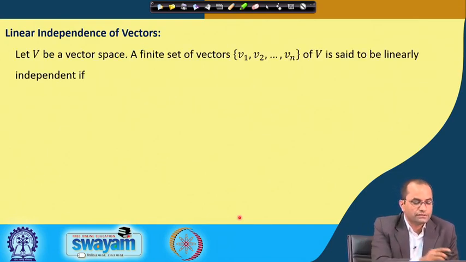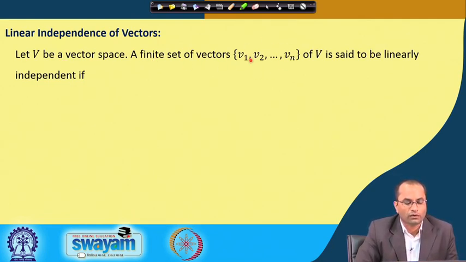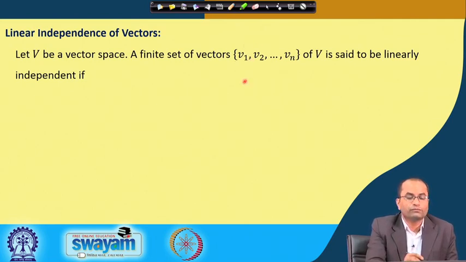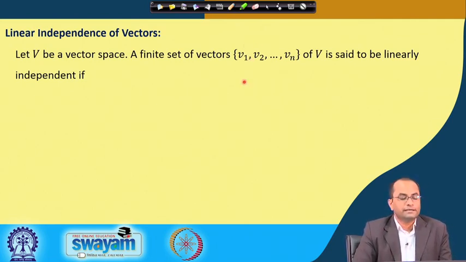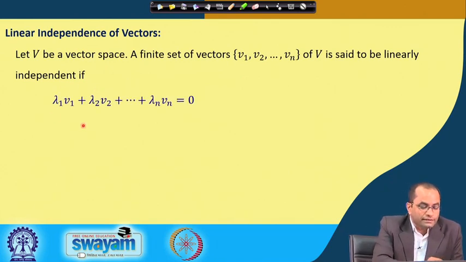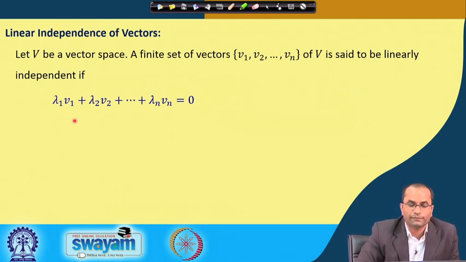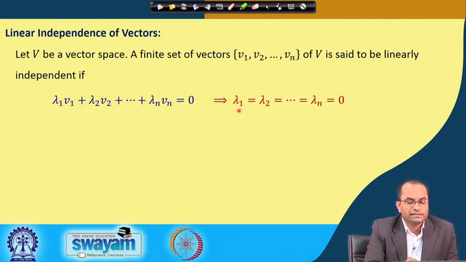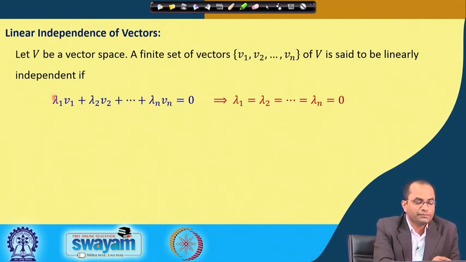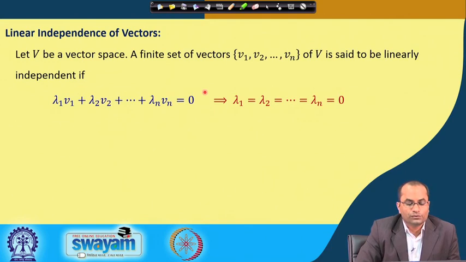V is a vector space, and we take a finite set of vectors v1, v2, v3, up to vn of this vector space V. This set of vectors is said to be linearly independent if the relation lambda 1 v1 plus lambda 2 v2 and so on, plus lambda n vn is equal to 0, implies that this is only possible when all these lambdas are 0. Otherwise, we do not have any other lambdas which can make this linear combination 0.